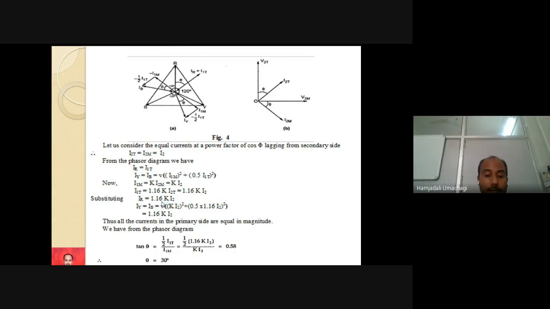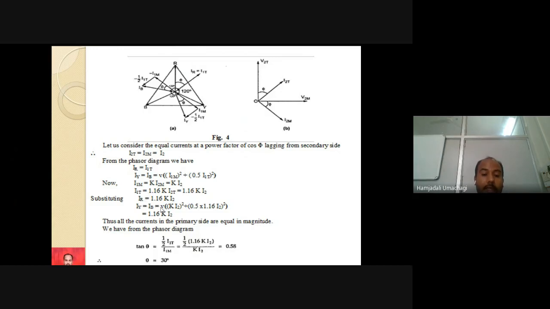So by connecting this lagging load, we can say that the load is connected on the secondary side. Since the connected loads are balanced, because of that balanced low power factor load, the currents drawn at the input side, IR, IY, IB, have the same expression, 1.16 k I2. If the currents are same and equal, then we can say that balanced lagging power factor load on the secondary side can balance even the three-phase input side.